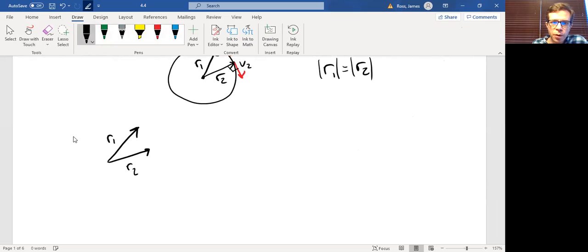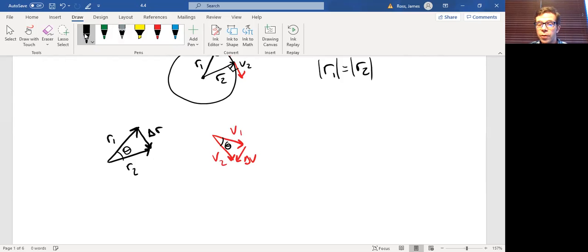So let's look at R1 and R2, and we're going to talk about delta R. And then we're going to do the same thing for our velocities: V1, V2, and delta V. Because the velocities are perpendicular to the position vectors in the same way, then I claim that these angles are the same.